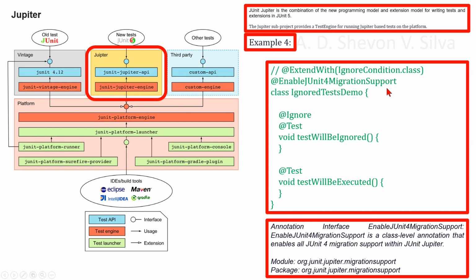The IgnoreCondition is an execution condition that disables test classes or test methods that are annotated with @Ignore.